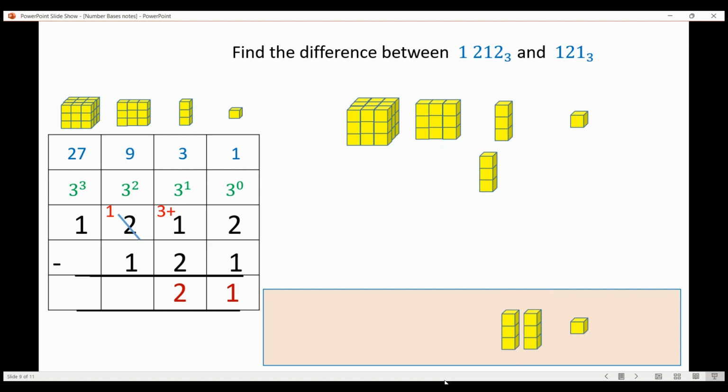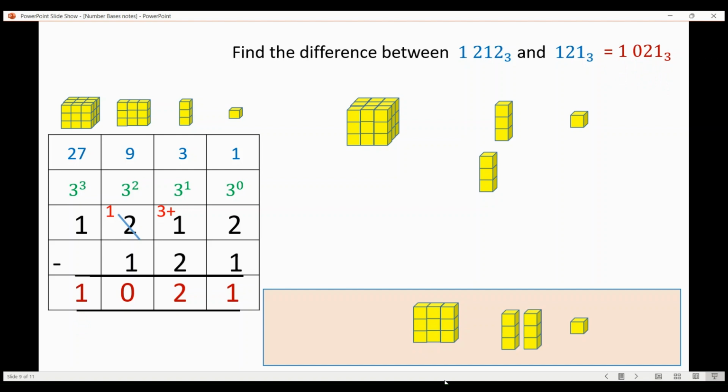So we've done the units and we've done the groups of 3s. Let's now do the groups of 9. We had 2 groups of 9, but we regrouped it, and now we're left with 1 group. So 1 group of 9, I'm going to subtract 1 group of 9, so we're left with 0 groups of 9. And finally, we had 1 cube, and we don't have to take away anything from it, so we're left with 1.